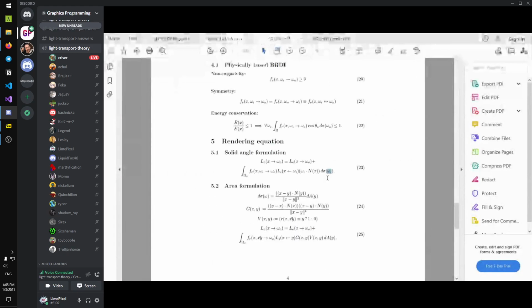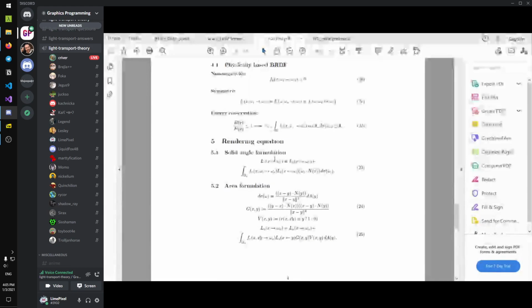So what you may notice now is that this here, LO, we can turn it into LE. We can change this function into LO simply by saying, okay, find the point Y. If we start from X, shoot a ray in direction omega I, we find a point Y, and then we can say the light emitted, so the outgoing light from Y towards direction minus omega I, would be LO here.